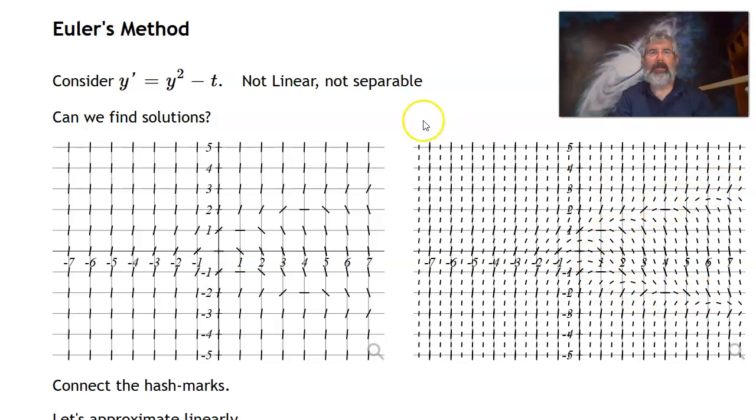Well, that parabola is the parabola t equals y squared. And when t equals y squared, this right here will be 0. So you're looking at places where the slope is 0. So they've got slope of 0 at every point on that parabola, and it looks like they're negative slopes inside the parabola and positive slopes on the outside of the parabola.